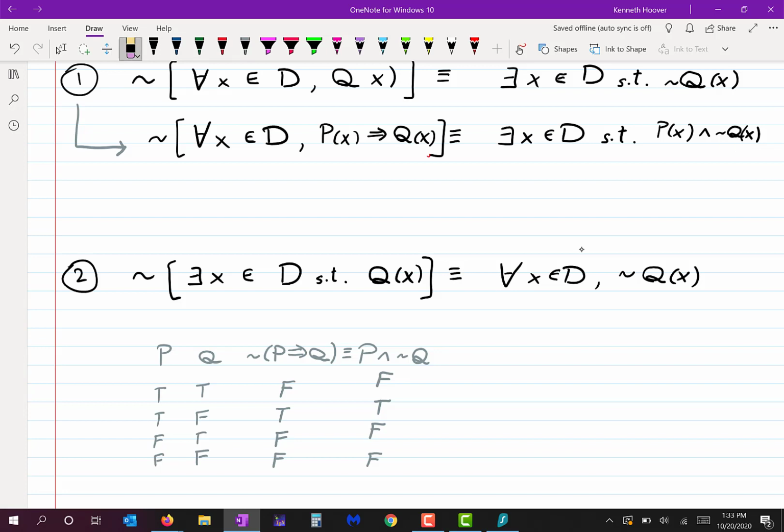All right. So what have we covered? Negating universal statements, and then a subset of that is negating a universal conditional statement. And we've also done negating existential statements.